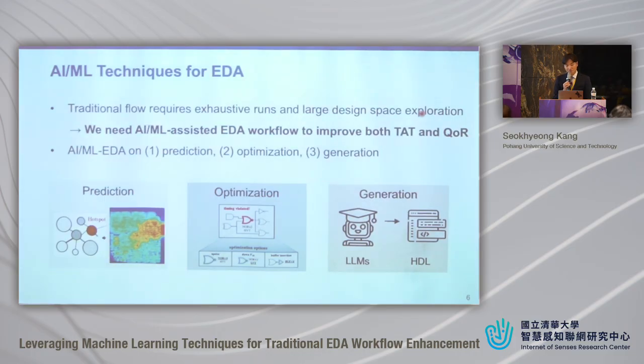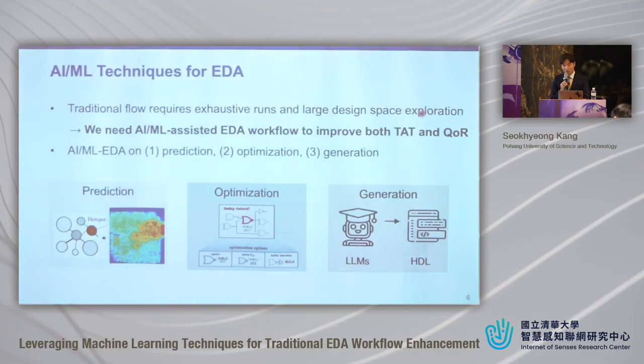but the traditional flows require exhaustive runs and large design space exploration, and in this case we can use AI or ML for the traditional EDA workflows to improve both the TAT and QOR. So we can categorize this help in three categories.